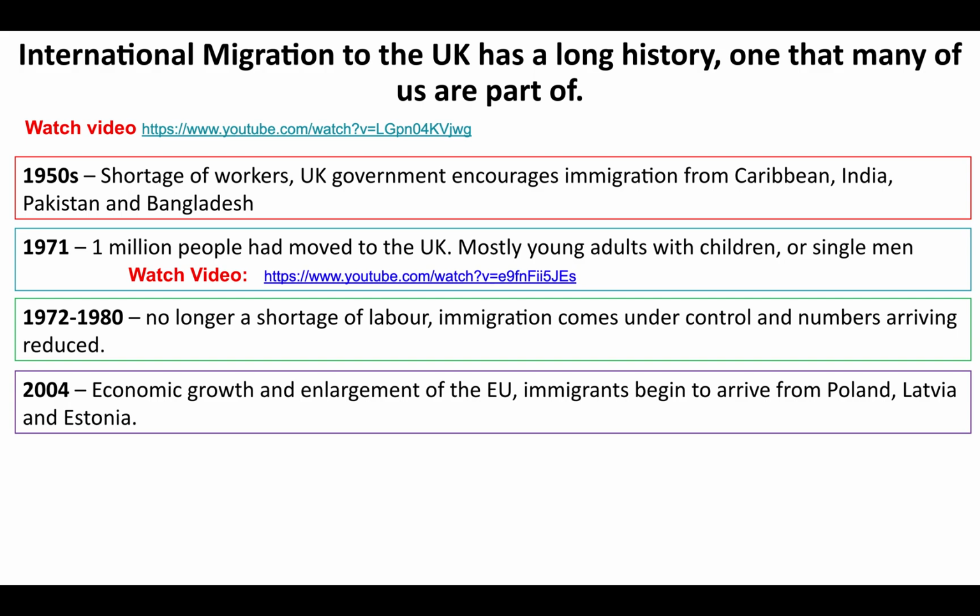In 2004, economic growth and enlargement of the EU creates a new wave of migration. So we've had this 1950s to 1970s wave of migration, and much of that is from the Commonwealth. This new wave of migration in the 2000s is mostly European migrants.